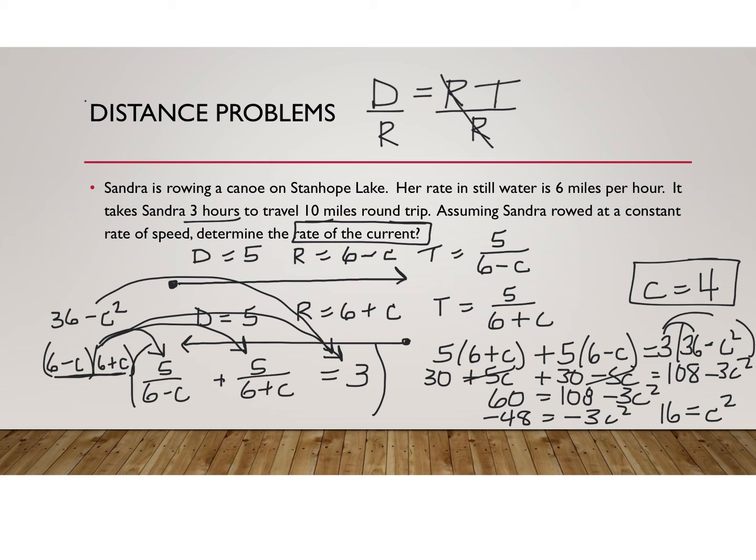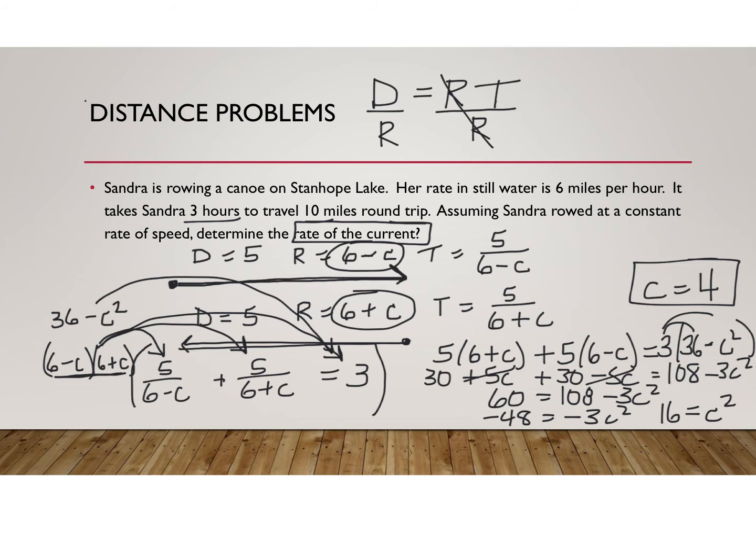So when I went upstream against the current, my rate would have actually been 2 miles an hour. And then going downstream with the current, my rate would have been 10 miles an hour. So pretty strong current here affecting our speed and our time.